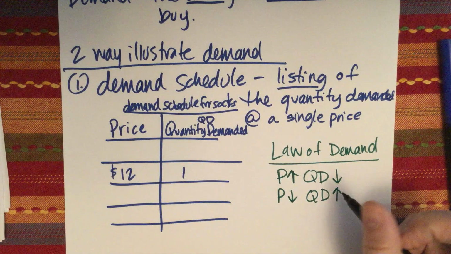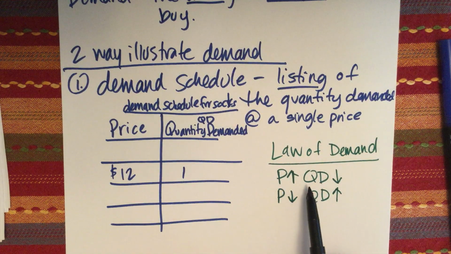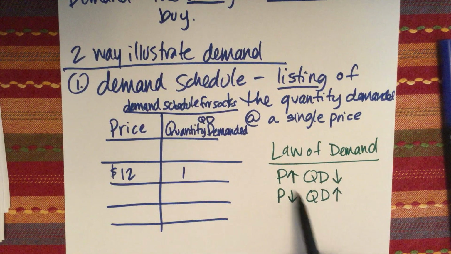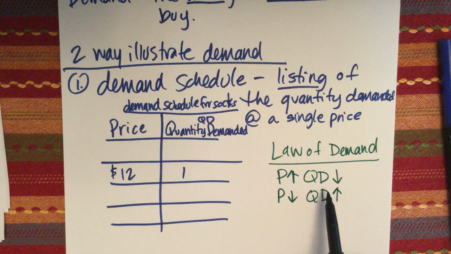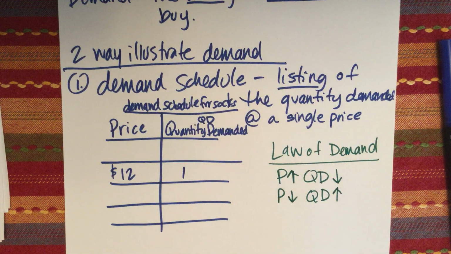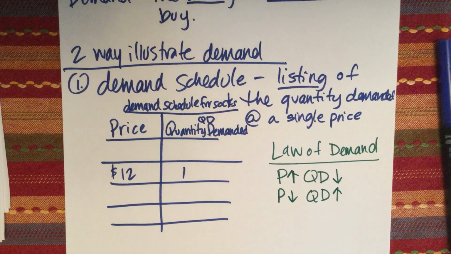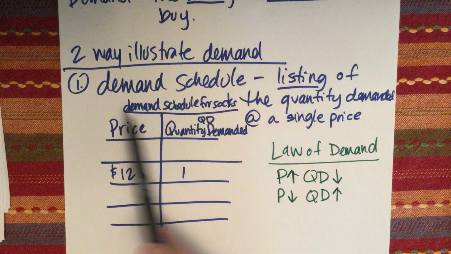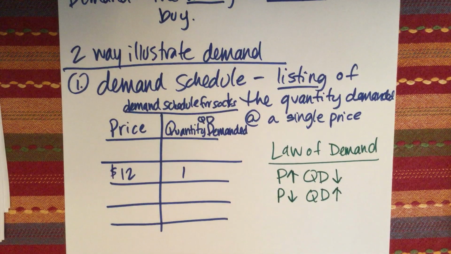This inverse relationship between these two variables, you can connect to your algebraic knowledge: when you have an inverse relationship between two variables, you have a downward sloping line on the curve. I'll talk about how that is illustrated in the second way to illustrate demand.